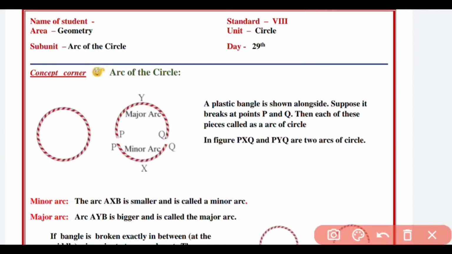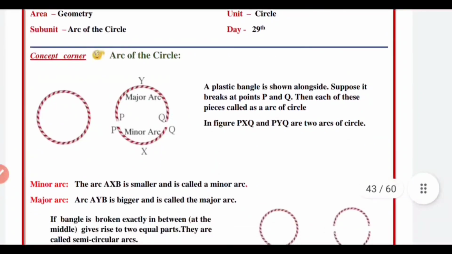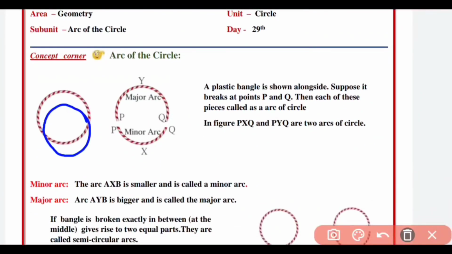We all know this bangle is in circular shape. This is the bangle which is in circular shape, and then it is broken due to some reason at points P and Q. We can see here that from points P and Q it is broken, and it is divided into two parts.